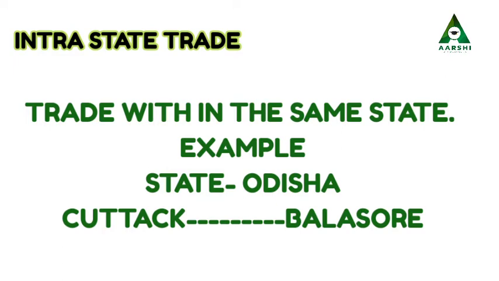If a particular trader undertakes trade activity or purchase and sell activity of goods and services within Odisha, within any places of Odisha, it will be regarded as intrastate trade. For example, a trader belongs to Cuttack who transfer goods to Baleshwar. So both Cuttack and Baleshwar belongs to Odisha. So this is an example of intrastate trade. Intrastate trade means conduct of trade activity within the same state. It will be regarded as intrastate trade.